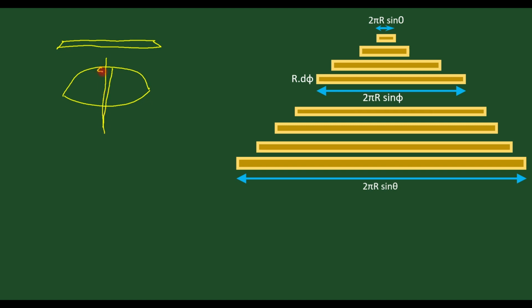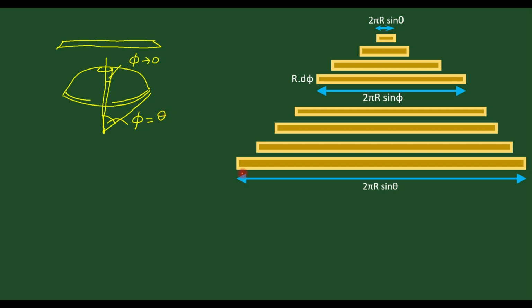So for a belt located here, the value of phi is close to 0. Again, for the extreme belt, the value of phi, this is the angle phi, is equal to theta. So the limit of phi is from 0 to theta.